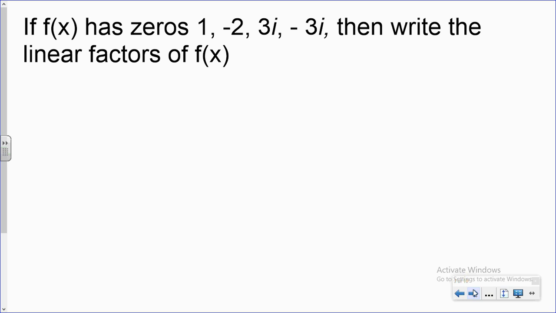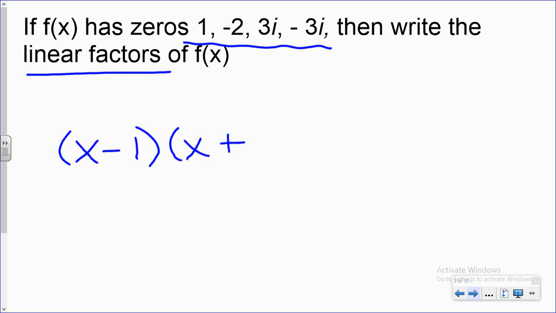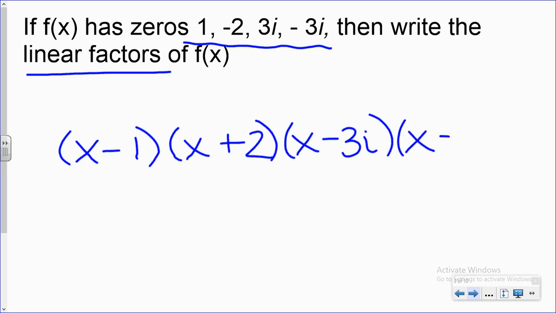If these are your zeros, to write linear factors, all we have to do is write x minus the zero, just like you did on that second graphing packet a week ago today. Okay, last Friday, we did all of that multiplication. Now, I'm not going to multiply these out, but if these are our zeros, then our linear factors would be x minus 1, x minus negative 2, x minus 3i, and x minus negative 3i.